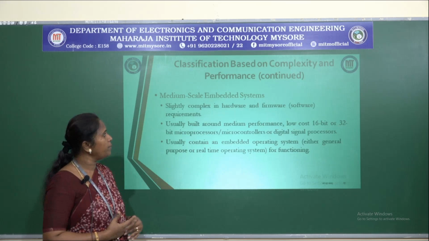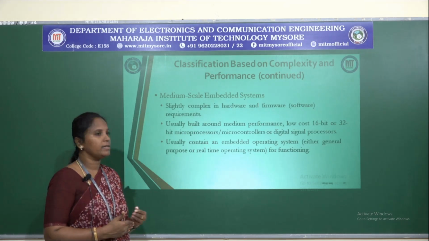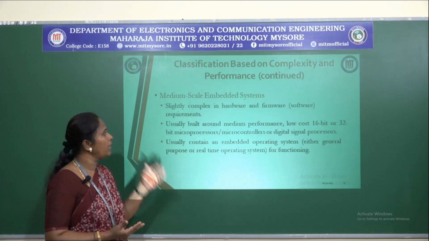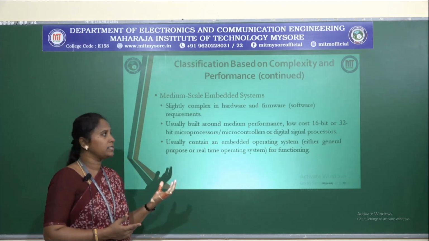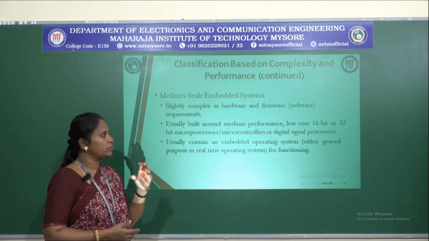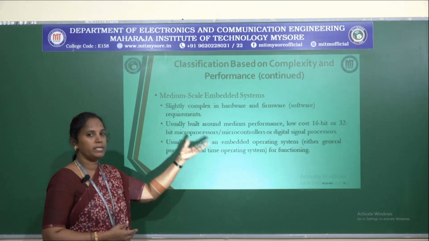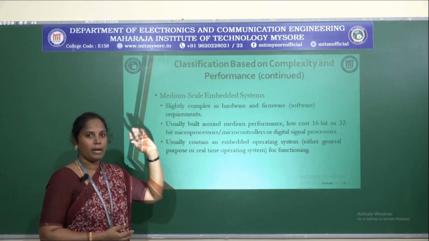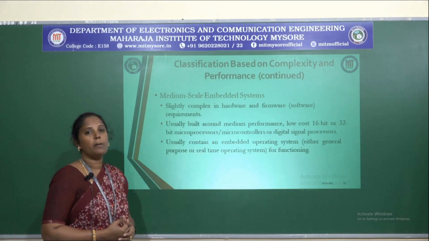The next is the medium scale embedded system, where we have increased complexity with respect to hardware and software. Why does the complexity increase now? Because the number of bits we use for programming or processing of the instructions has also increased, from 8-bit to 16-bit, or it could use 32-bit.